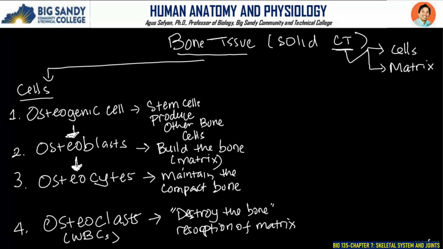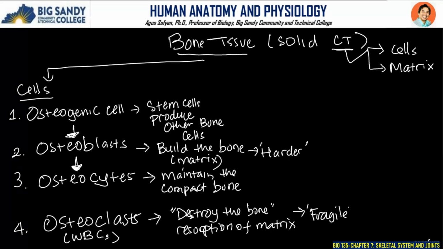Okay. So the osteoblast will build the bones. It will make the bone harder. Okay. The osteoclast is the one that destroy the bone. It will make the bones become fragile. Okay, you're gonna see these functions again later.